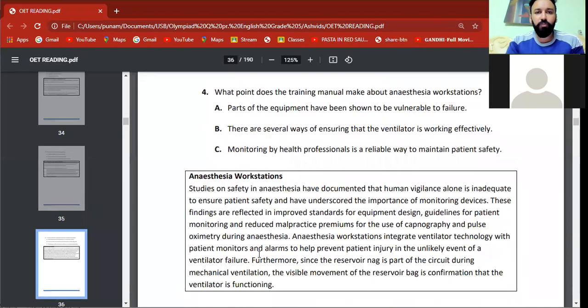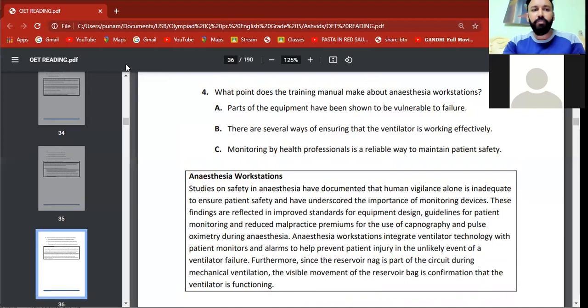Now let's go for the fourth one. Try it out. What point does the training manual make about anesthesia workstations? There's a training manual about anesthesia workstations, so what point does it make? Parts of the equipment have been shown to be vulnerable to failure.